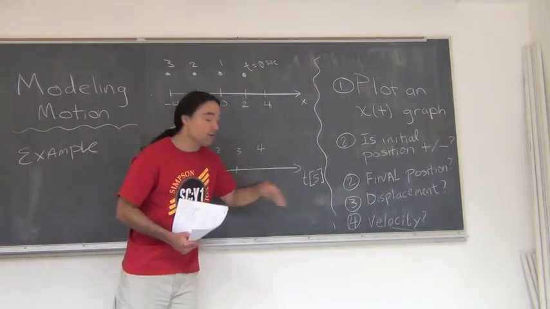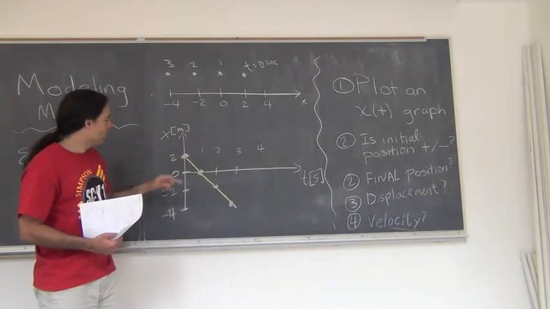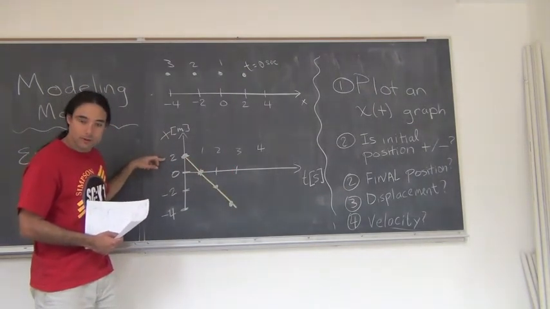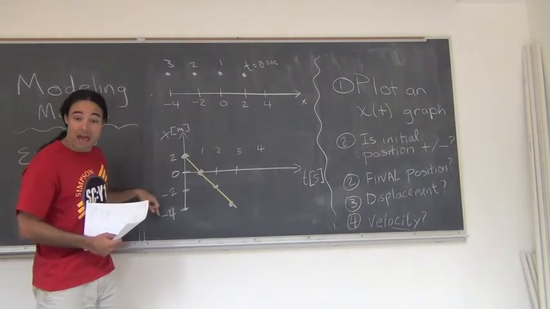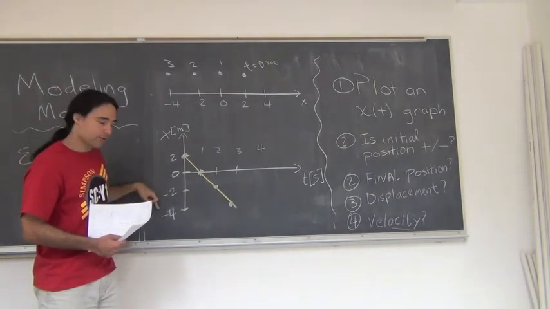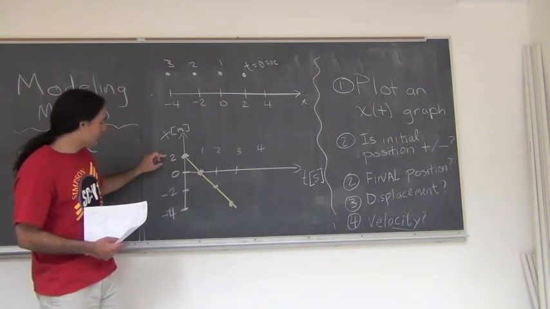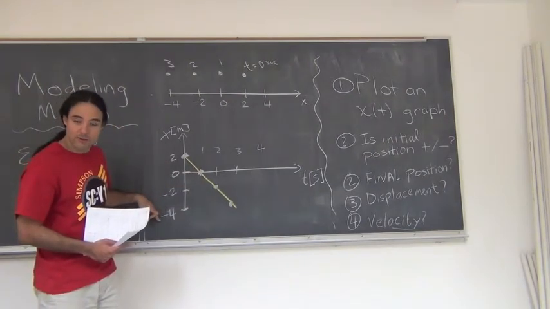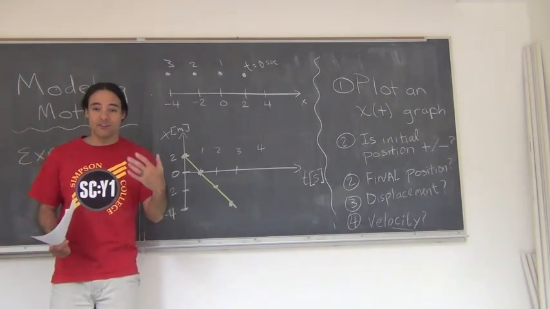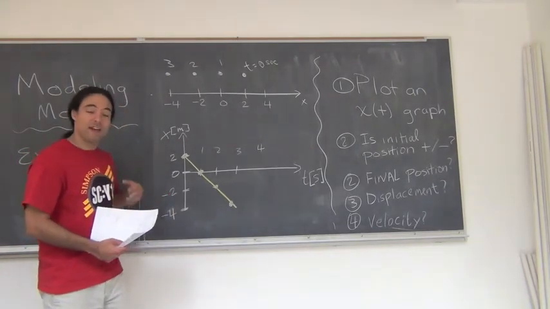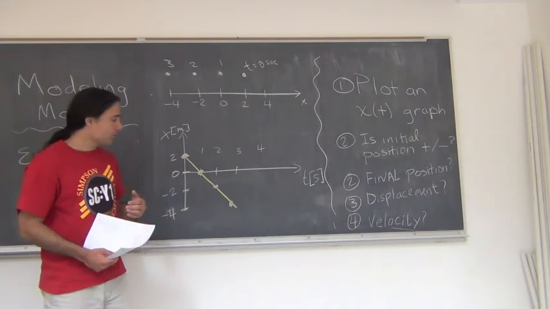Is my displacement positive or negative? Well, I started at 2, and then I got more negative. I went down in x, so my displacement is going to be negative. How negative is it? Well, I went from 2 to minus 4. That means I've gone down by 6, which means my displacement has to be negative 6.